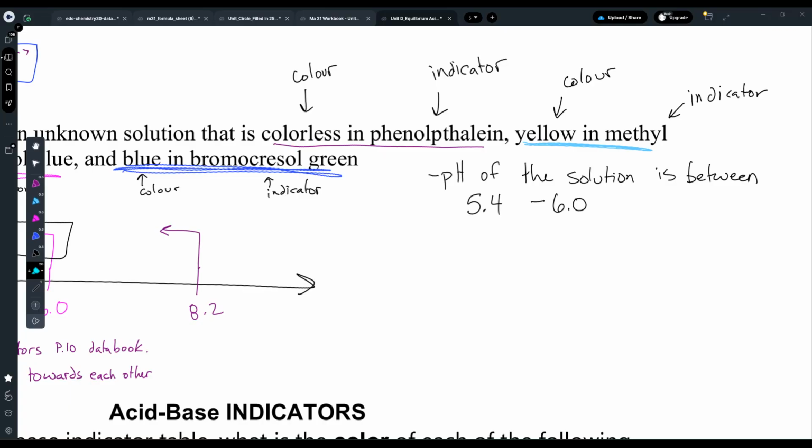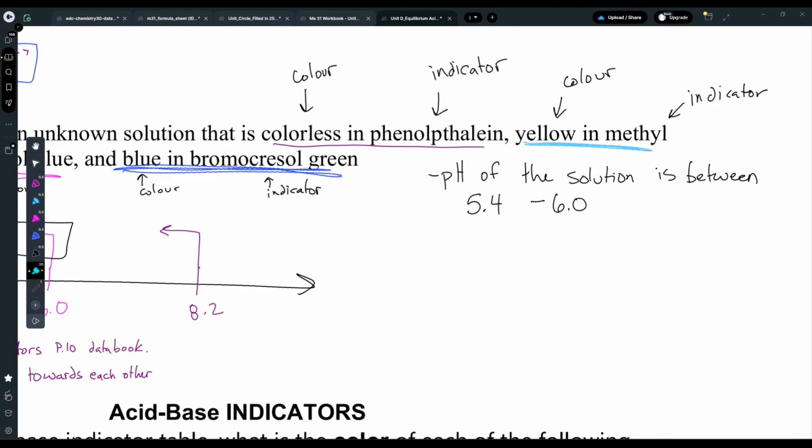So technically speaking, you could pick any number between 5.4 and 6, but to follow a specific procedure, you can take the difference between 5.4 and 6, and then divide that by 2.